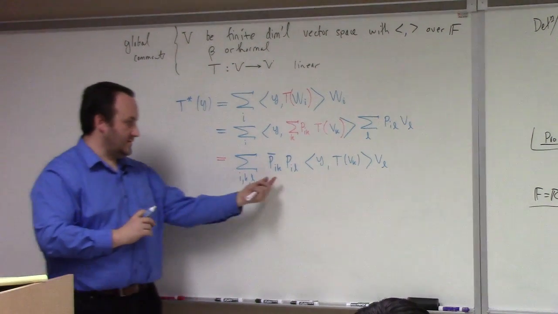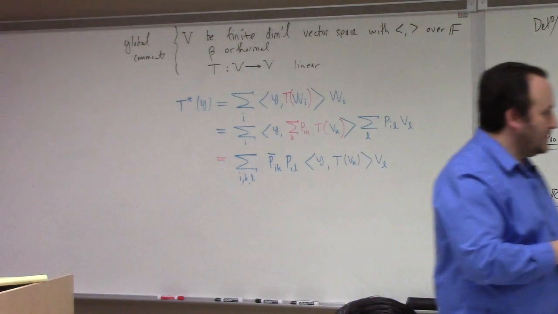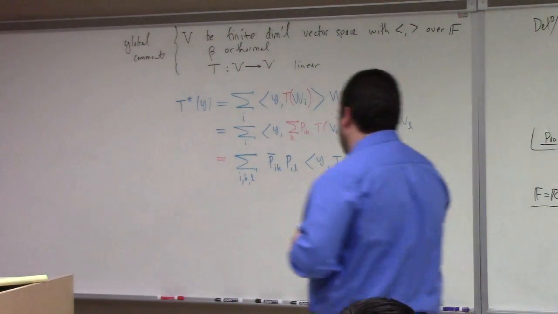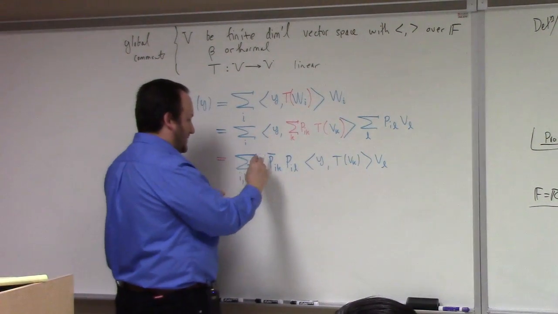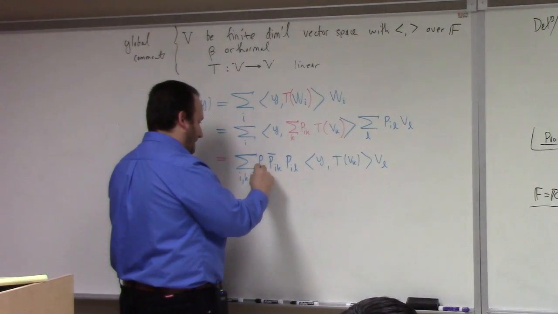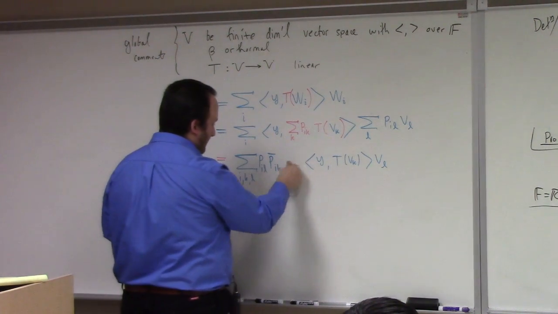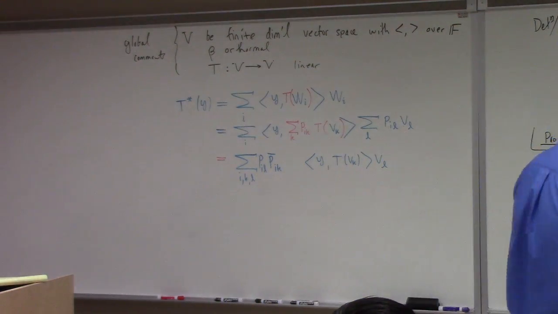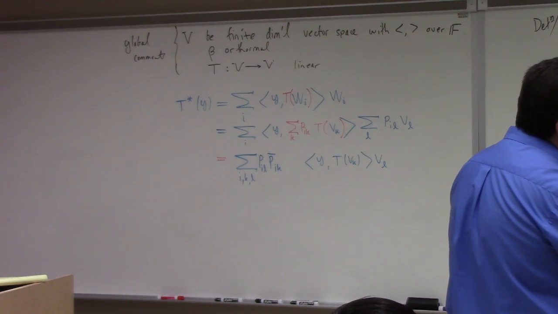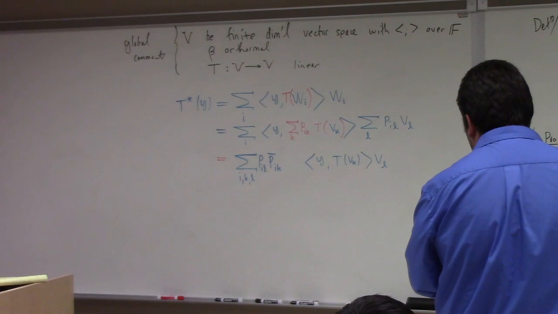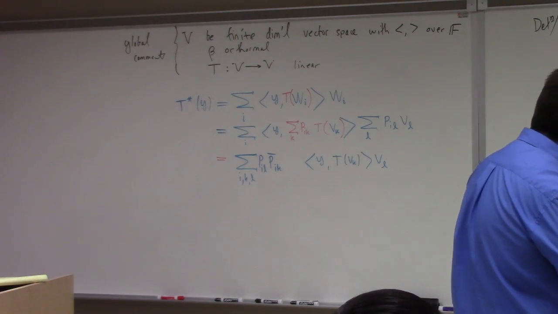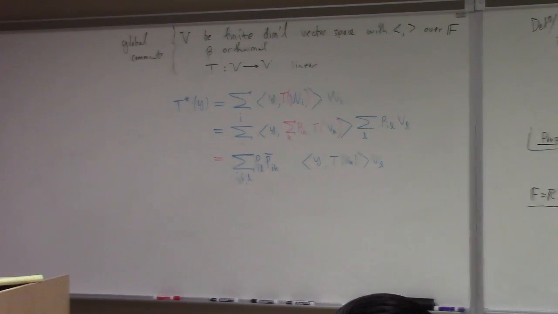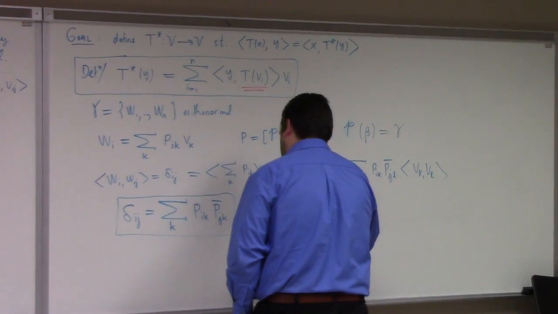Aha, but what's this? Let me just put that one first so we can see the pattern better. Good news. What this says is that the identity matrix is equal to p conjugate transpose.